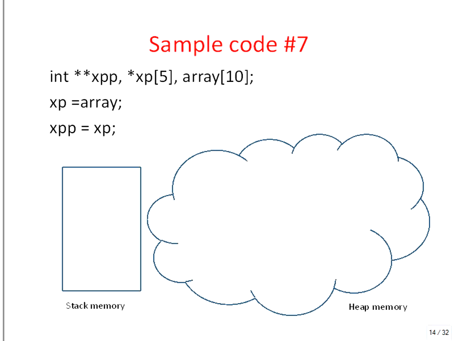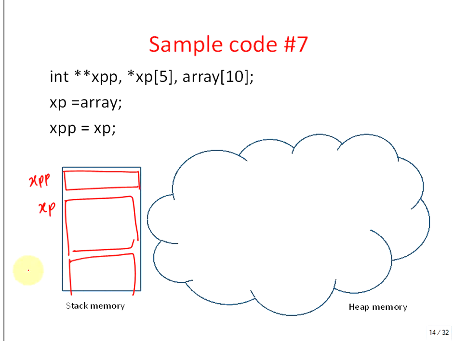Okay, another similar one, just that there are a few more arrays. xpp here, and xp is the array by itself, right? Then array of 10 is the array, and how we write is xp equal to array, and I believe that's incorrect.